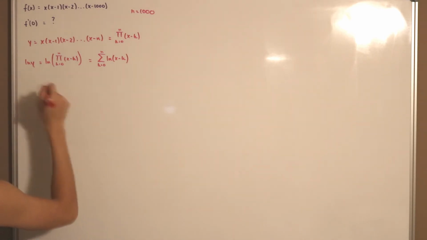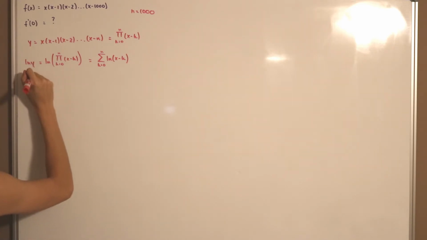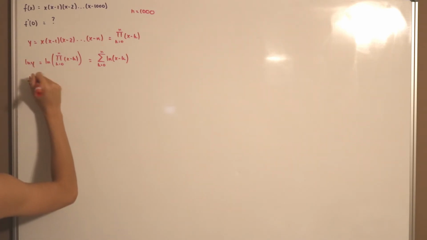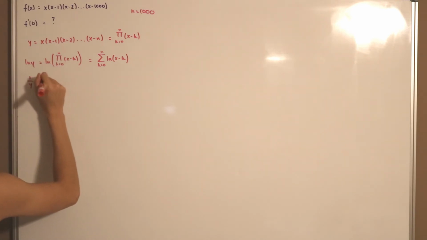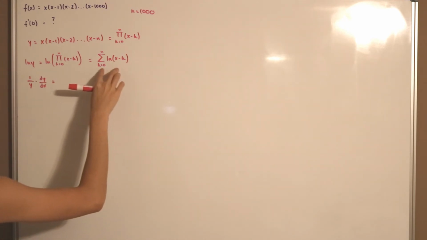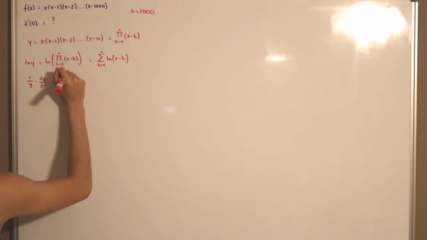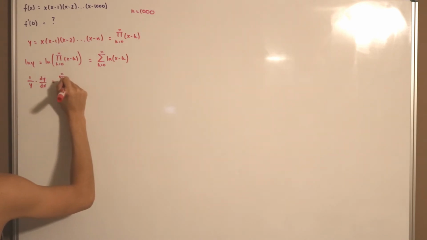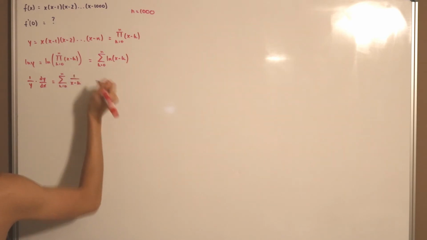And so when we take the derivative of ln of y, this is simply 1 divided by y multiplied by dy dx, and that is equal to the derivative of the summation, where the summation sign just retains, k equals 0, and then it's 1 over x minus k.